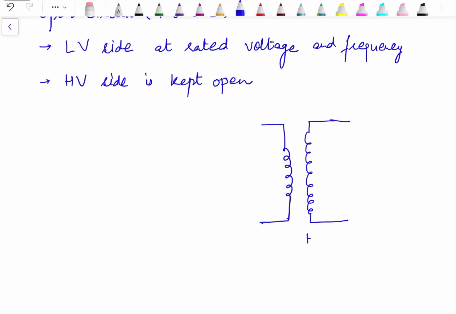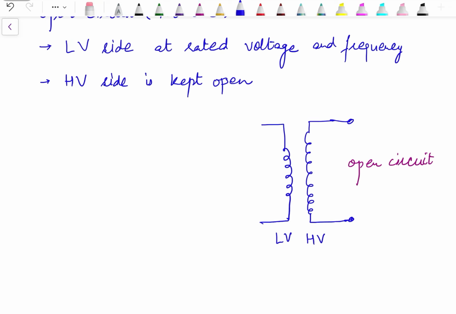Since it's HV, it is shown by more number of turns in comparison to the low voltage side, and this one is kept open as it is. We haven't connected anything to this side as we haven't connected any loads, so that's why another name for this is no load test. We haven't connected any load to the transformer.